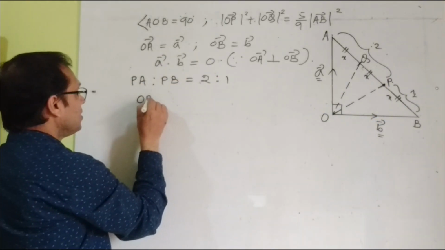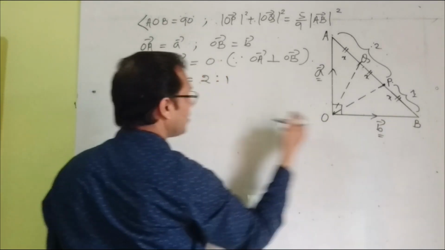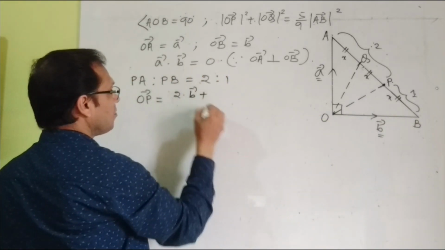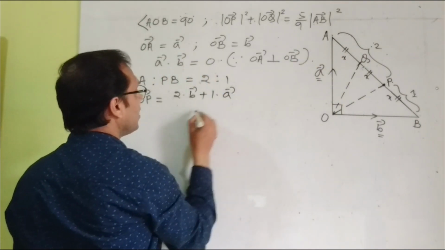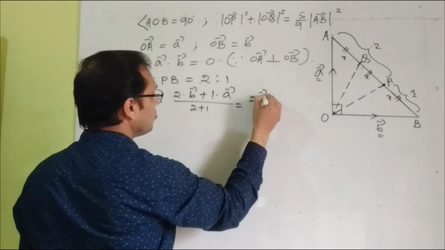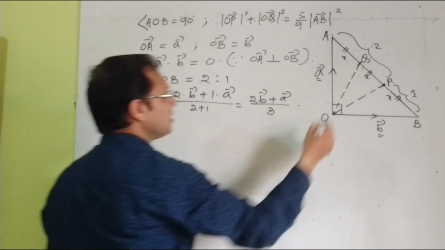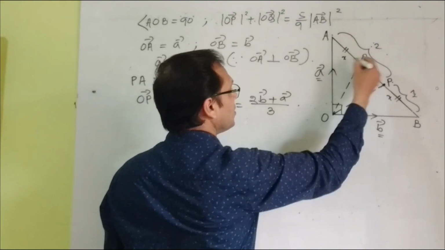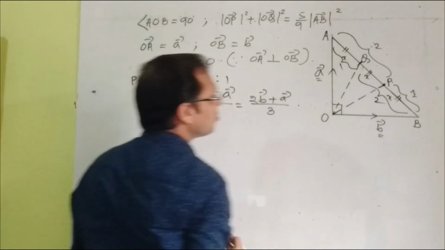Position vector of P, that is OP vector, is equal to 2 into OB vector, that is B vector, plus 1 into OA vector, that is A vector, by 2 plus 1. This is nothing but 2B vector plus A vector by 3. Likewise Q divides AB in the ratio 1:2.